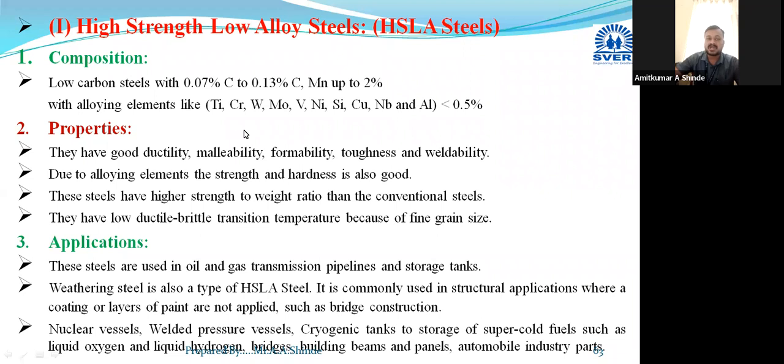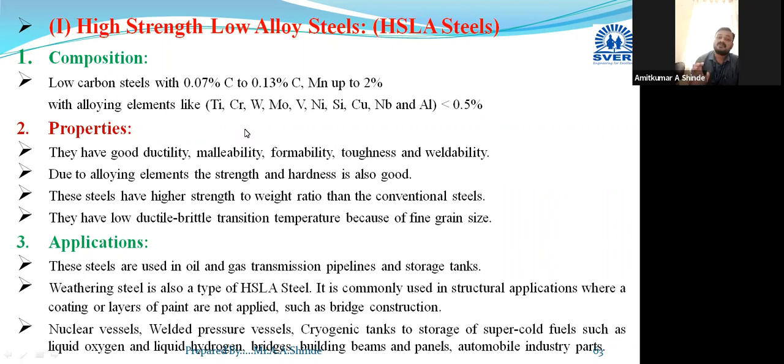So, a low carbon steel having carbon percentage 0.07% to 0.13%, and the main alloying element here is manganese, present up to 2%, and a very small quantity of other alloying elements, less than 0.5%. So this is the composition.